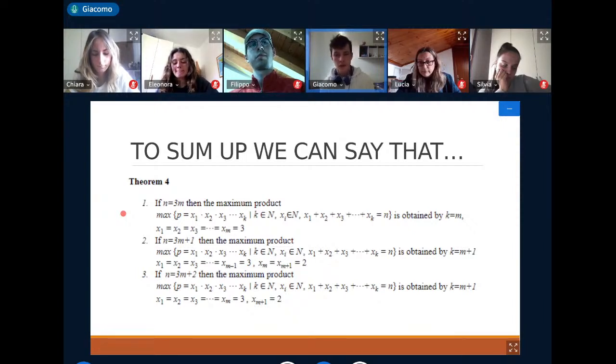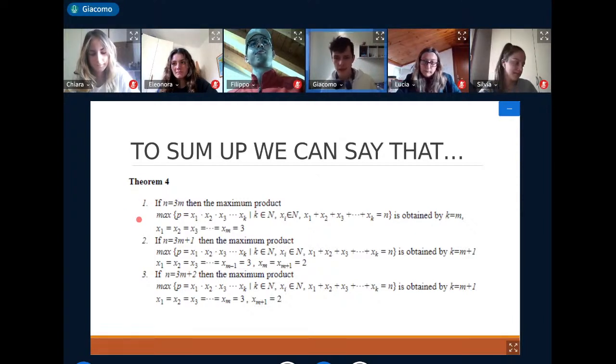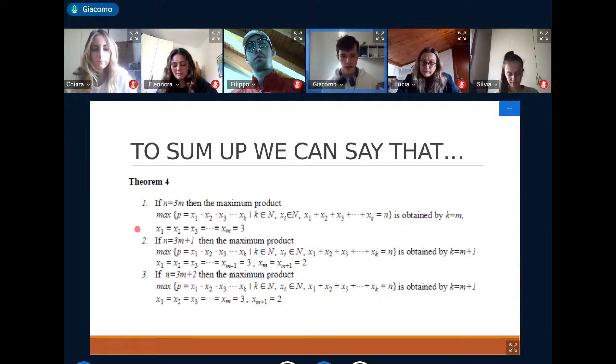The first category comprehends the numbers that are multiples of 3, and in this case we just analyze this case because, as we can see in the third theorem, the maximum is obtained when x1, x2, x3 are all equal to 3, and so it's obtained by k equal to m.